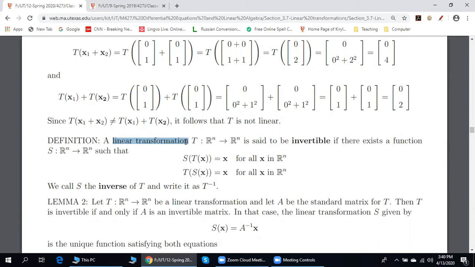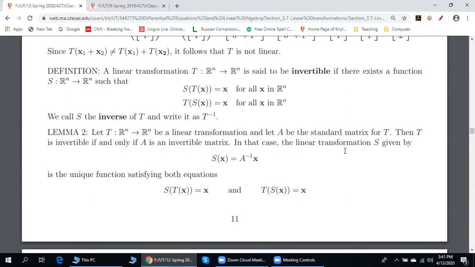Now, lemma 2 tells us that T is invertible if and only if A is invertible, and the formula for its inverse is A inverse times x. And we all remember that A inverse exists if and only if the determinant of A is not equal to 0.